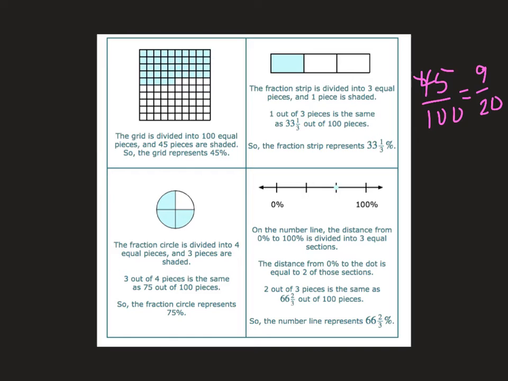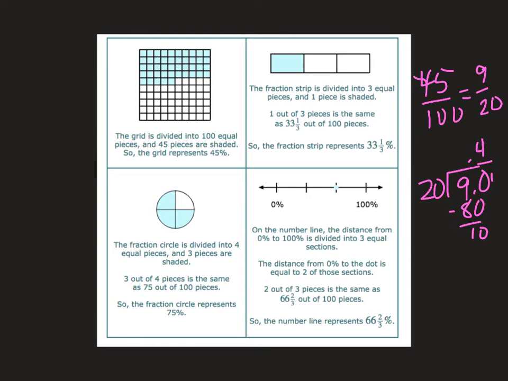And I can't simplify it anymore, but if I took the numerator, 9, and divided it by 20, 20 goes into 90. Put my decimal, raise it to the roof. 20 goes into 90 4 times, which equals 80.